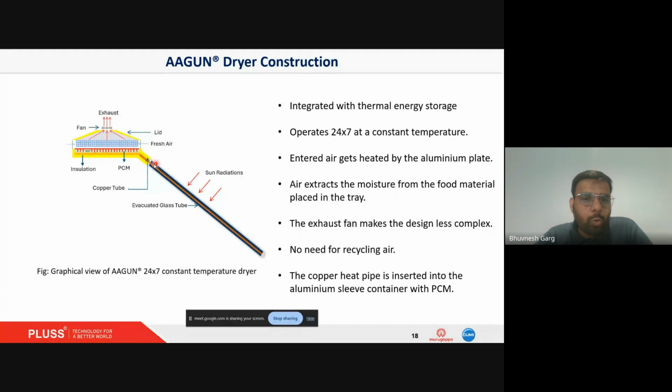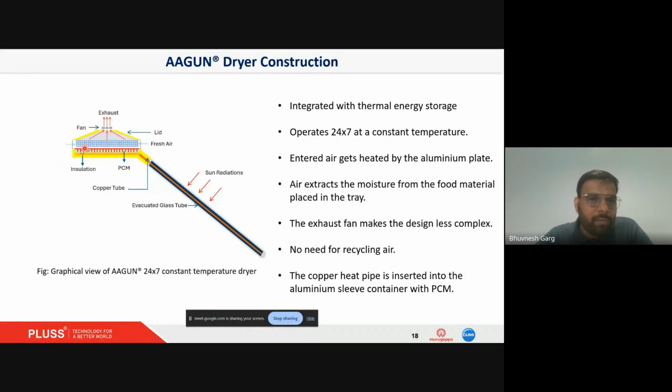So a copper heat pipe basically having a fluid called glycol, okay, ethylene glycol or something, which boils at very low temperatures like 30 or 40 degrees Celsius. Whenever there is sun radiation falling on these glass tubes, the liquid inside these copper tubes boils off and is converted from liquid to vapors, and these vapors are collected at the tip of this heat pipe, and these vapors give the energy to a material.